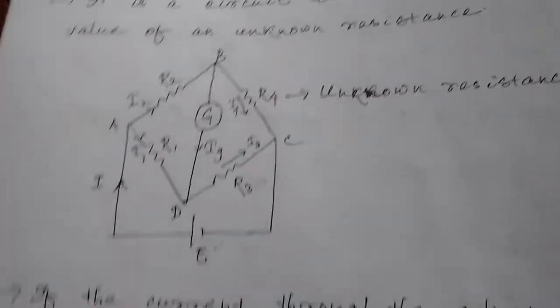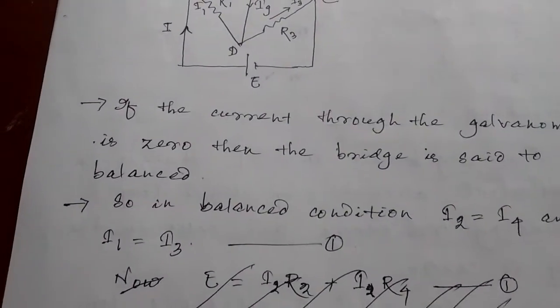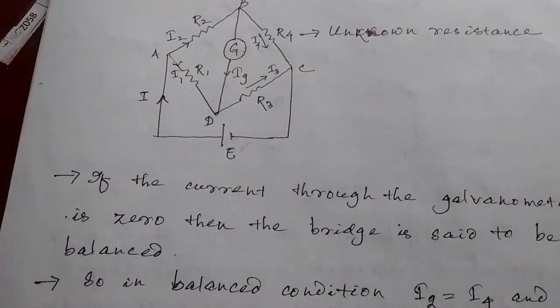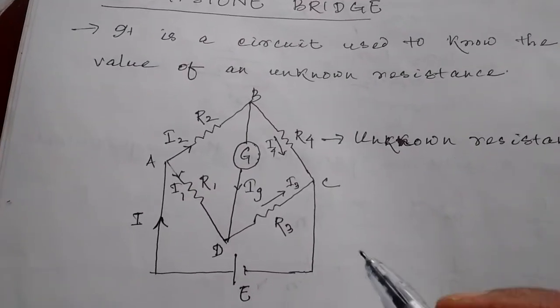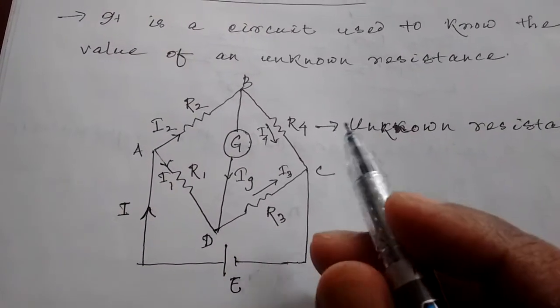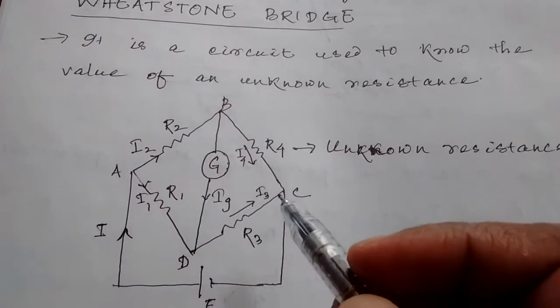Now come to the operation: how R4 is determined. Before going through it, let us know a very important thing, that is the balanced condition of the Wheatstone bridge. What is the balanced condition?